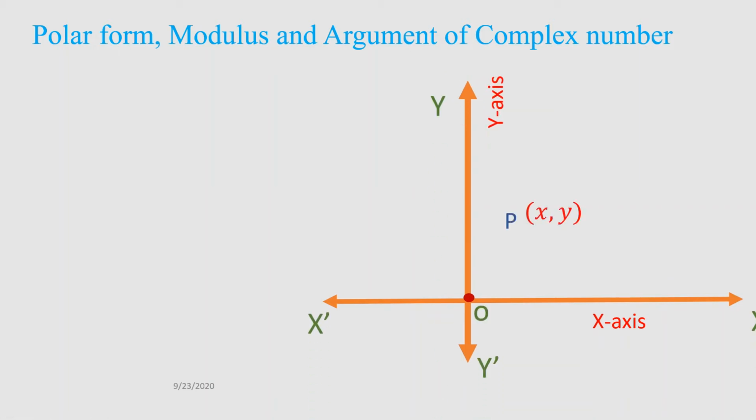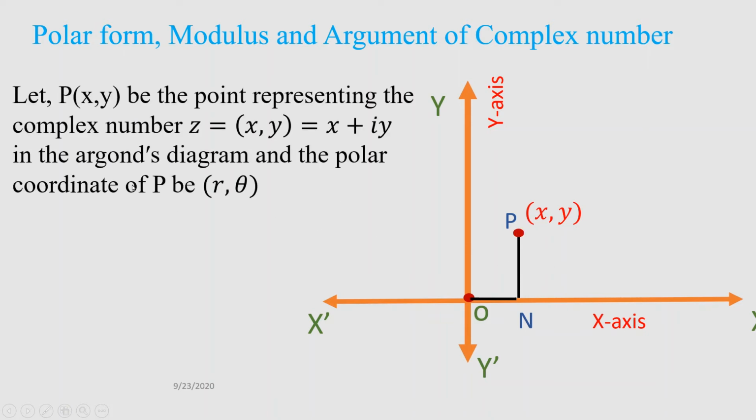We take any point P(x, y) on the plane, then this length ON is equal to x and this length PN is equal to y. And the polar coordinates of P are (r, theta).